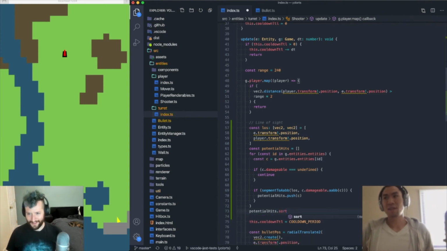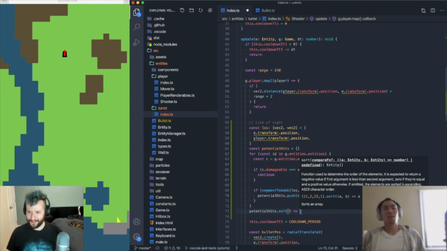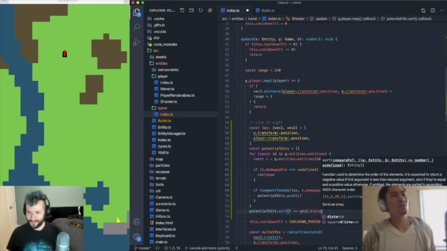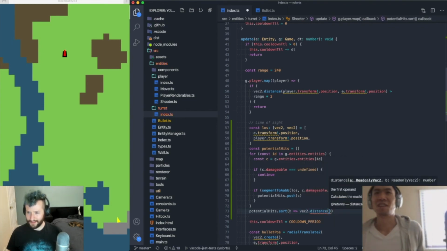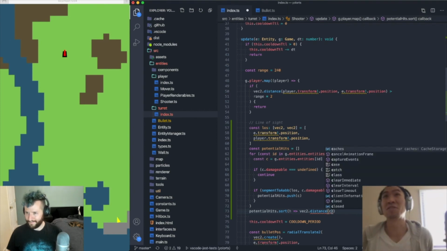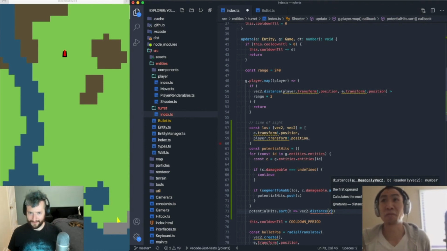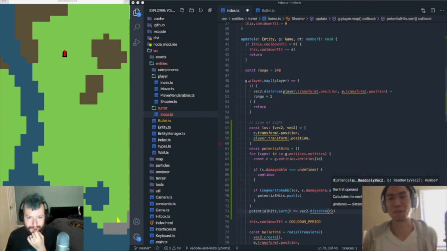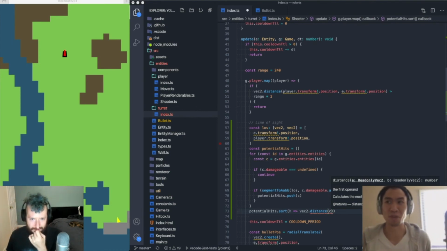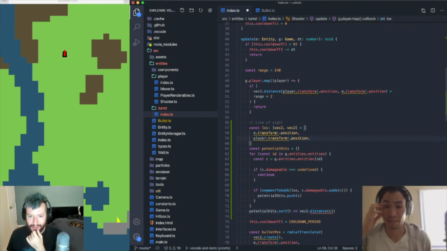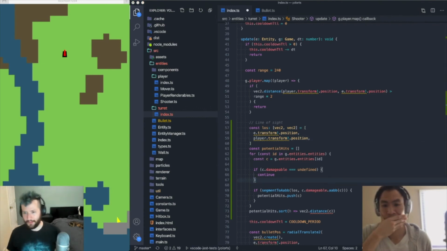You take as arguments A and B, and you return -1 if A is supposed to sort before B. Return 0 if they're equivalent, or you return something greater than 0 if B is supposed to be sorted in front of A. Ah, I see. I get 2 object compares. I gotcha. Okay, great.